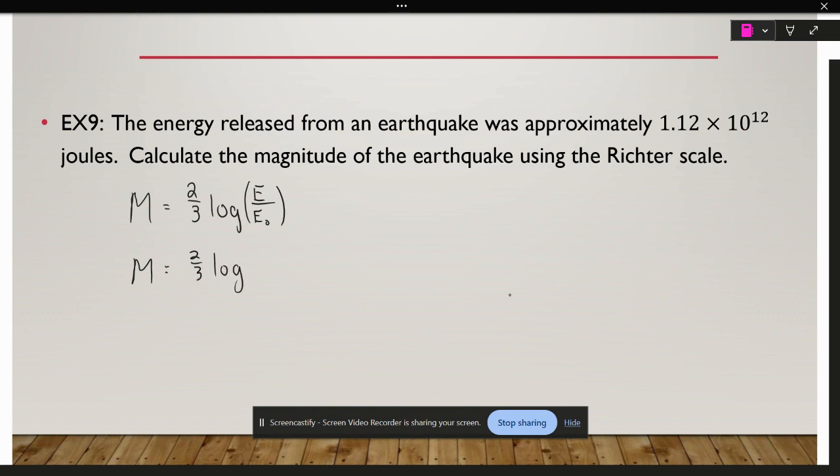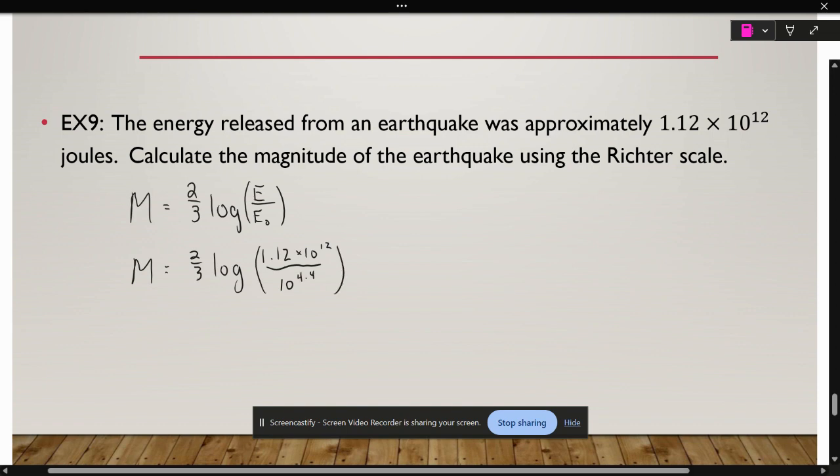So we're going to write in the E, which is 1.12 times 10 to the 12th, and then 10 to the 4.4, divided by 3.